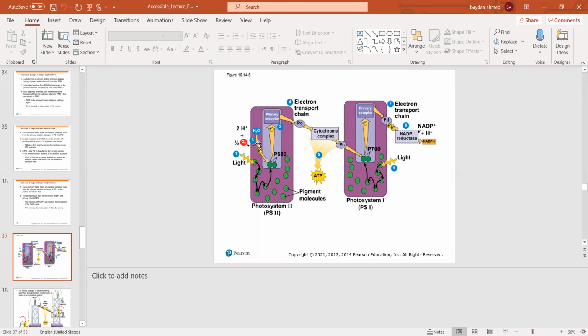And then here in step 3, H2O, water, is split by an enzyme, and the electrons are transferred from the hydrogen atoms to P680 plus, thus reducing it to P680.